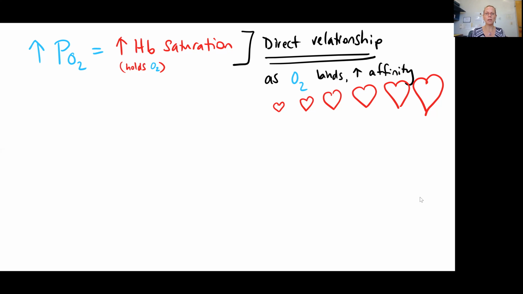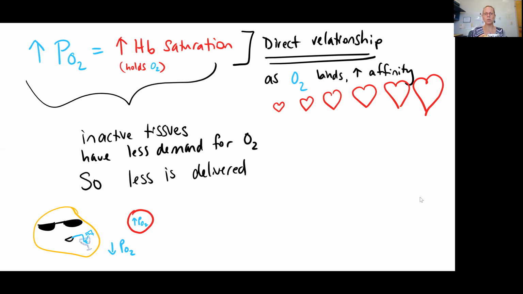Now, this also means that as your blood is moving through those inactive tissues, the inactive tissue is not using a lot of oxygen. So we're going to see that the partial pressure for oxygen is higher in the blood than it is in the tissues. And so the hemoglobin will hang on to the oxygen and it will not really deliver a whole lot to those inactive tissues or cells.